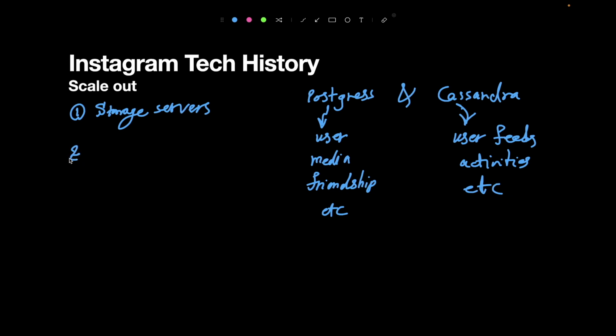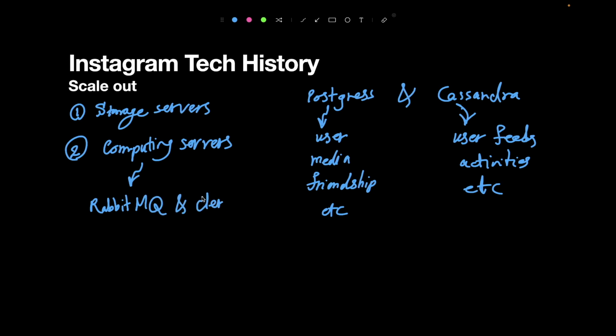The other type of servers are computing servers, which are usually driven by user traffic, and they use RabbitMQ and Celery to handle users' requests.